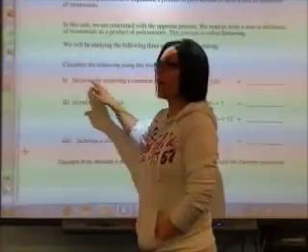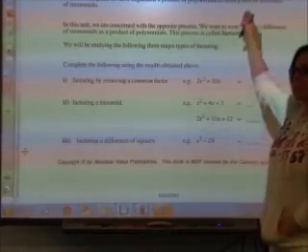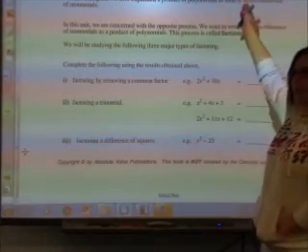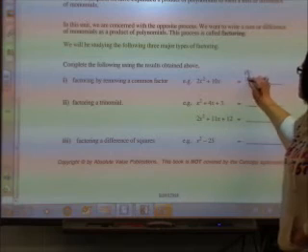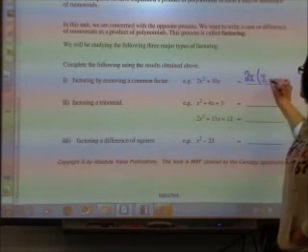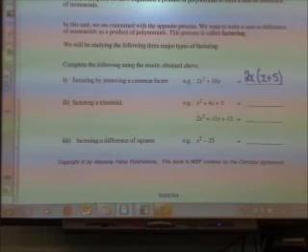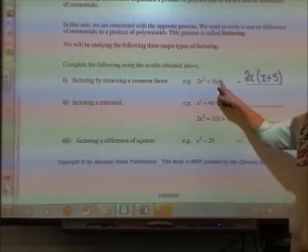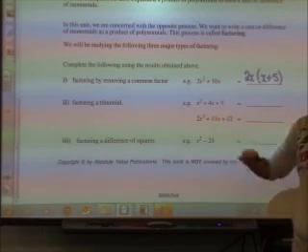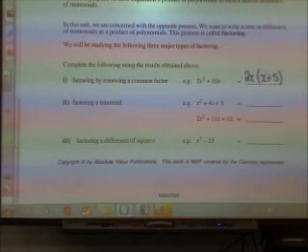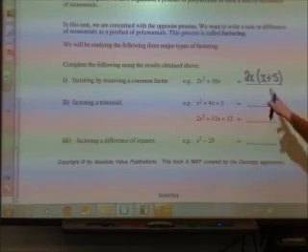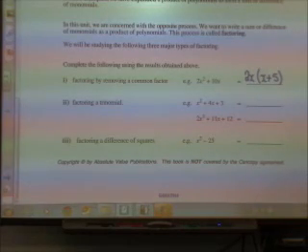If we remove a common factor, and we take what we had above, when it was rewritten as 2x times x plus 5, that 2x became the common factor. I can divide 10 and 2 by 2. X squared and x can both be divided by x. That's my common factor.